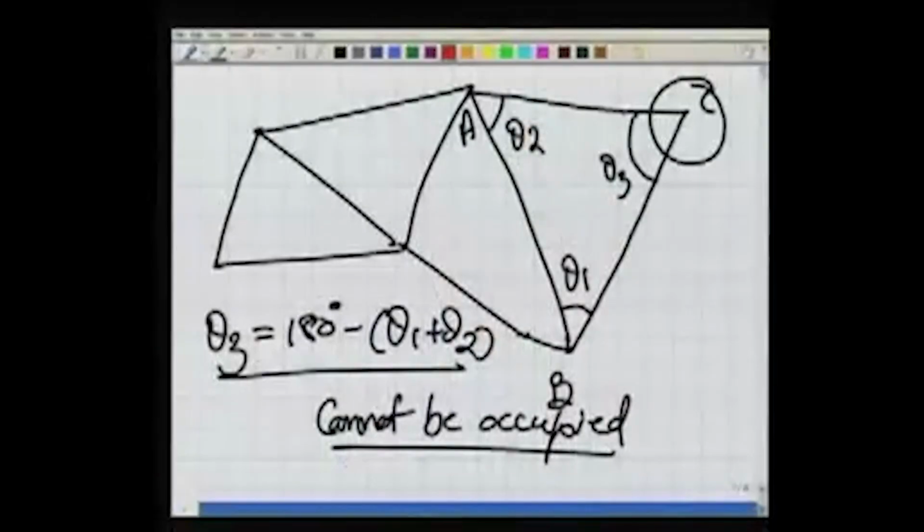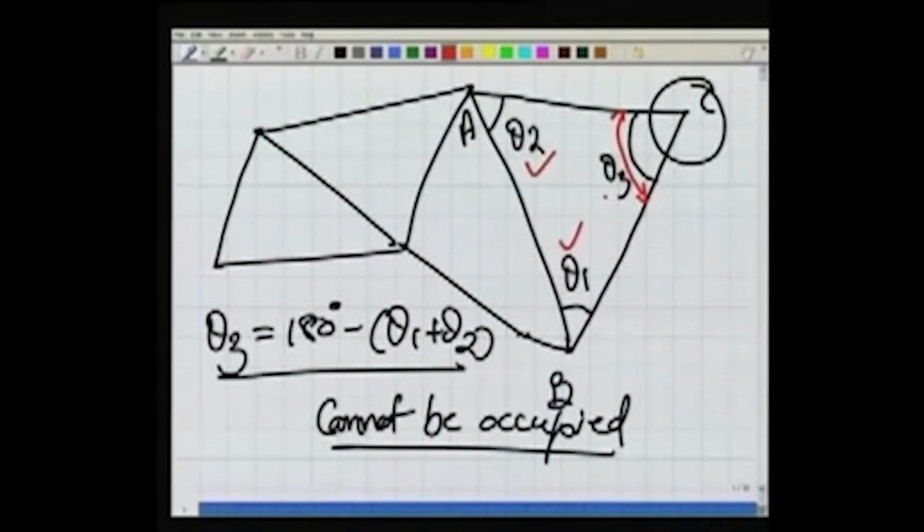For that reason, we want to measure this theta 3 also independently. We want to measure theta 1, theta 2 as well as theta 3, all three angles measured. In that case, if all three angles are measured, we will find the sum of theta is not equal to 180 because of those measurement errors, the observation errors.